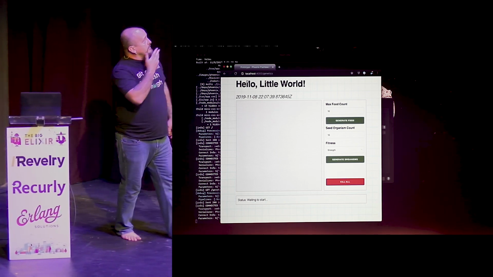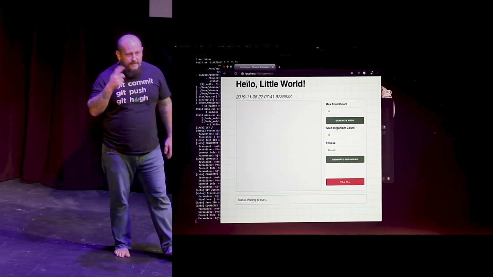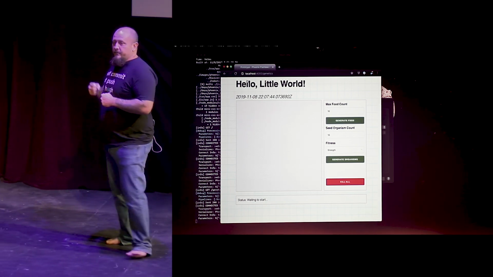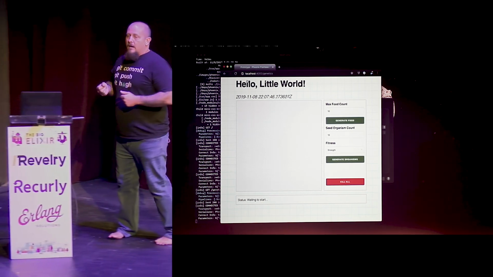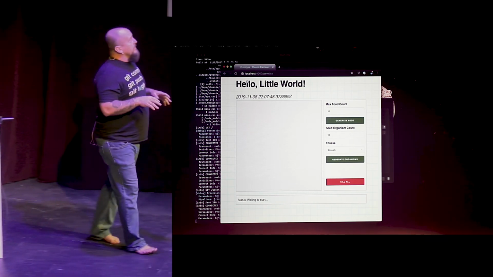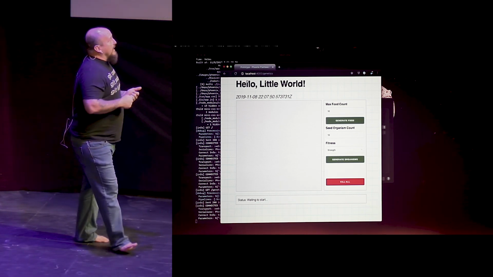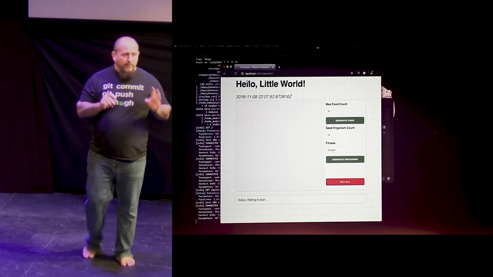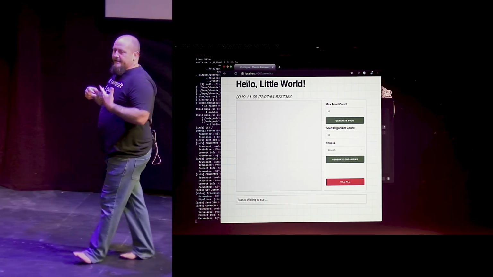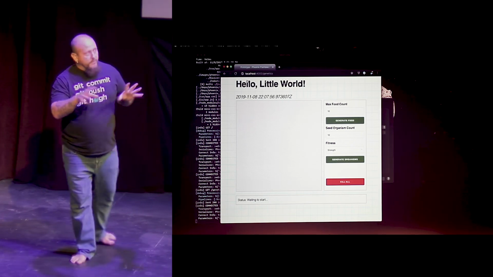I have a timer on there because everything's time-based. Food gets delivered at a particular rate, and you can adjust that. You can have a max food count, which is how much food you want to put in at a time. But it's staggered, so it drops in food here and there.